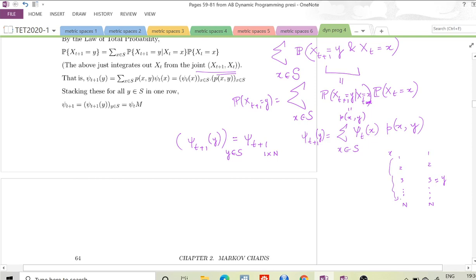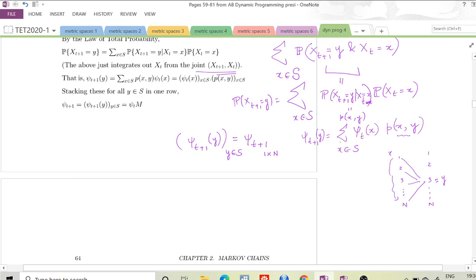I could have been in any of these states. There was a probability that I was in any of these states given by the ct numbers, the marginals yesterday. And then there were these transition probabilities that I made a transition to the state y, right? So I'm taking these products and then I'm adding them up. That will give me the marginal probability ct plus 1 of y, right?